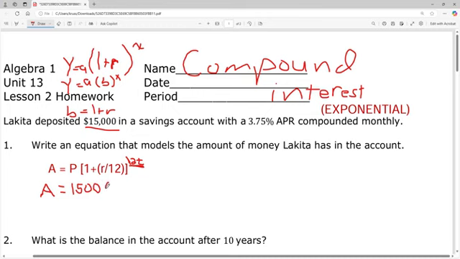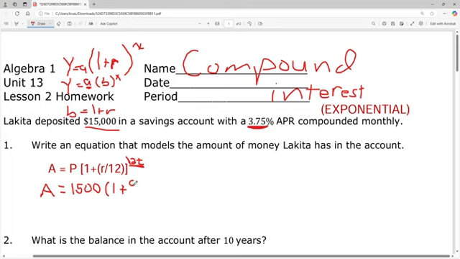Okay, and then that's our a value from up here, times b, which is 1. Since it's a growth, it'll be a plus sign. Plus, and then r is this number in decimal form.